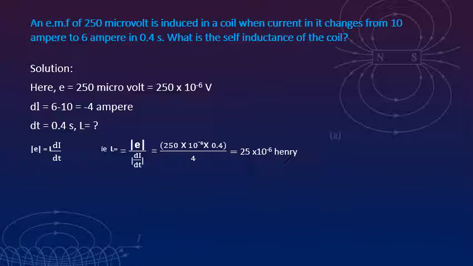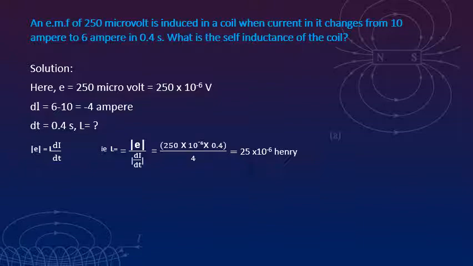The change in current is given by dI is equal to 6 minus 10, that is equal to minus 4 ampere, and the change in time is dt is equal to 0.4 seconds.